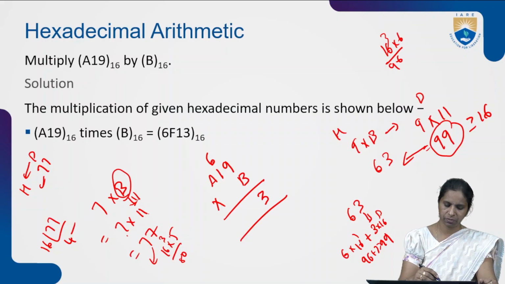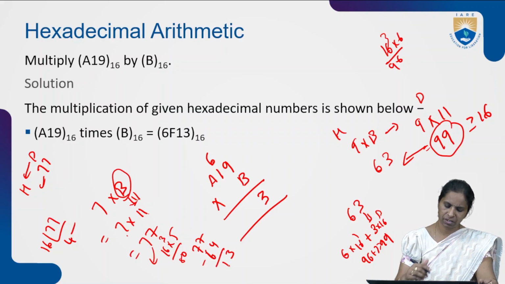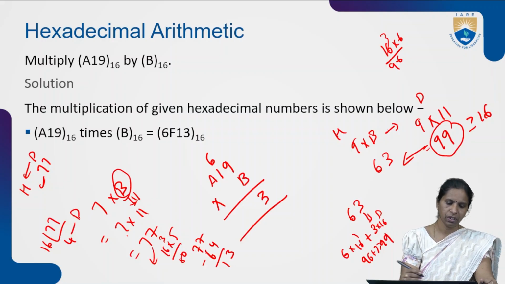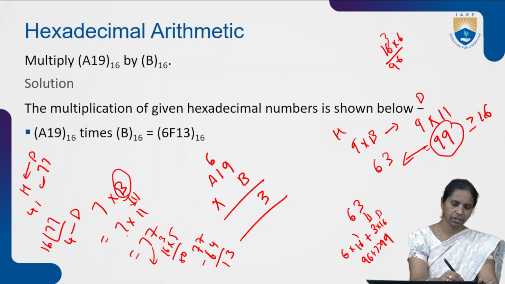Therefore, 70 minus 64 is equal to 3, and 7 minus 1 equals 13. 13 is represented as D in the hexadecimal number system. Therefore, you represent here 4D.